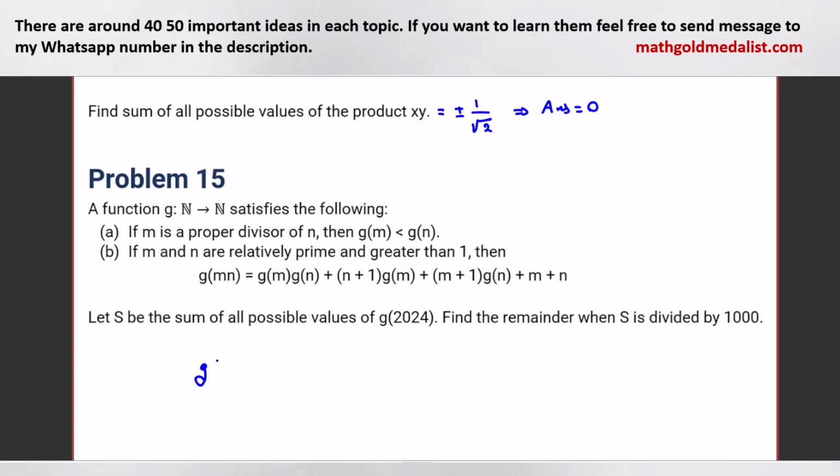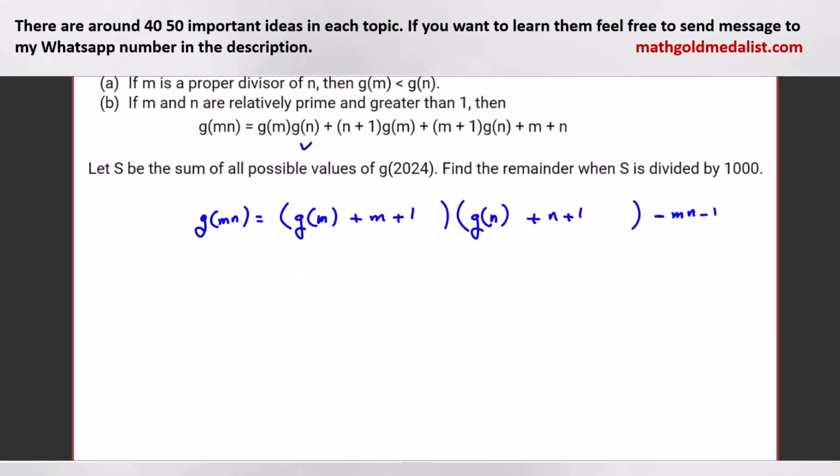You can say it is g of mn, and then here, you can write g of m, g of n, then g of m times g of n. We created this m plus 1 g of m, so we should write m plus 1 here, m plus 1 g of n. Then we have this times this. m plus n will be created, but we have mn and -1, so mn and 1 we should subtract. Now this one is equivalent to this one.